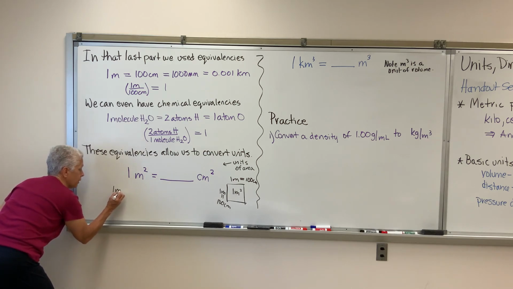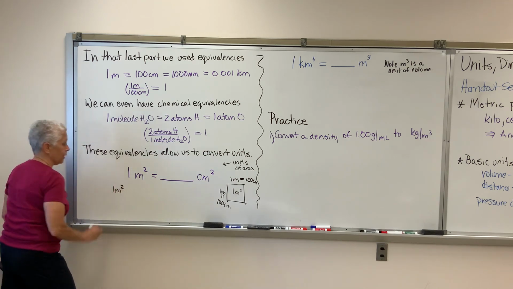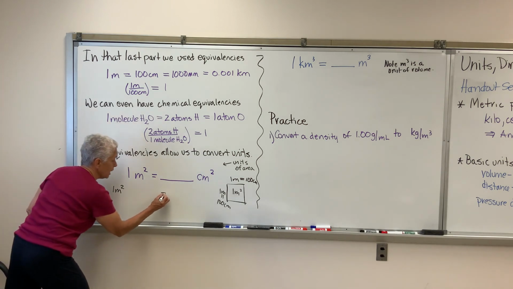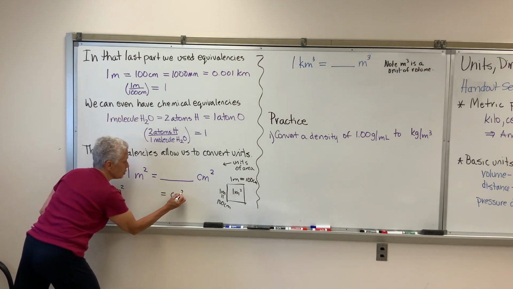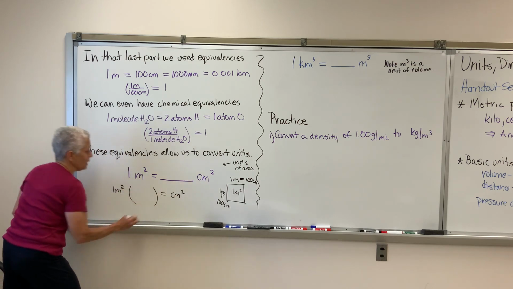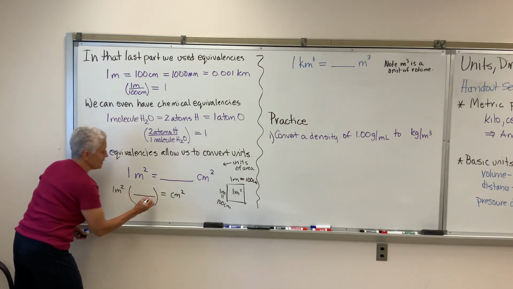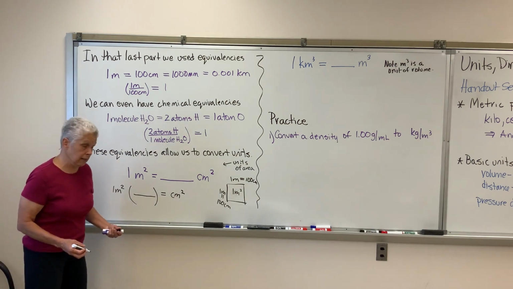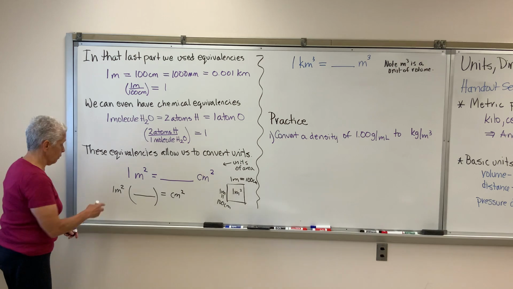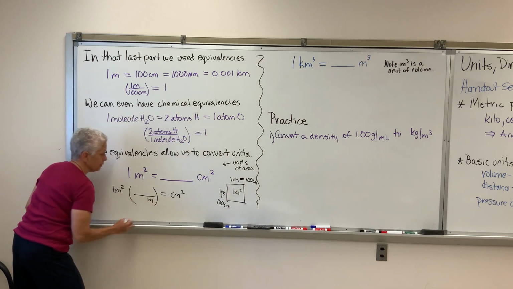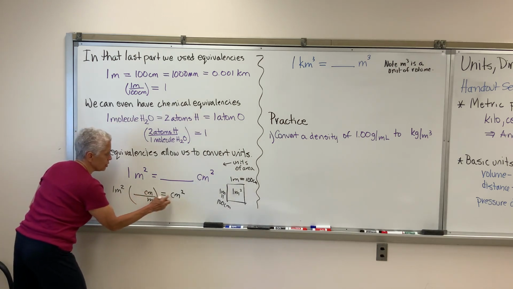You go 1 meter squared, and you're trying to change it to centimeters squared. So you need to look for the equivalency, the thing that equals 1 that would allow you to do that conversion. You have meters there, and you have centimeters on top.